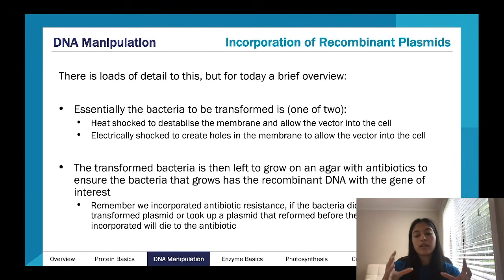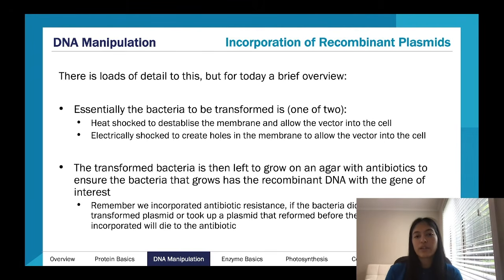So we will then use our recombinant plasmid, and we need to get this into our bacteria if we're going to produce our insulin, right? Don't really worry about this too much, but basically you just force the bacteria to take up this plasmid, and then you will use that antibiotic resistance gene to determine which bacteria have taken it up and which haven't, because some bacteria just won't take up the plasmid.